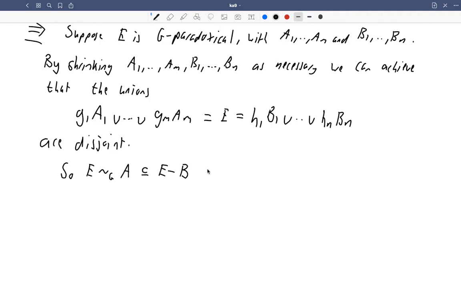And this is of course a subset of E. So this is where we write A for the set A1 union through AM, and B for the set B1 union through Bn.